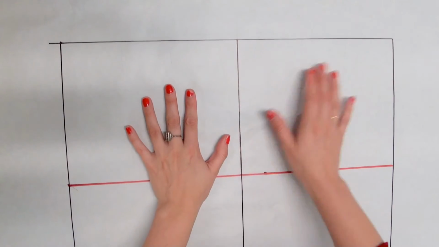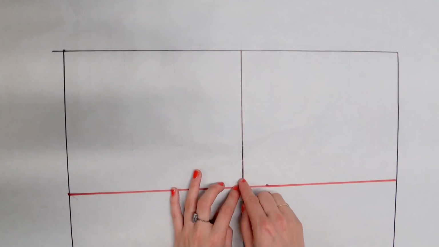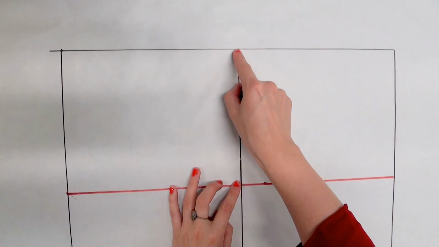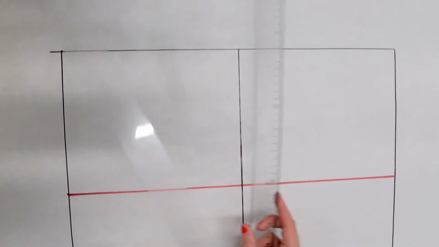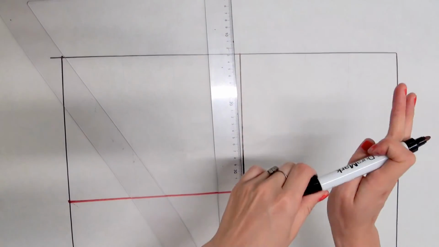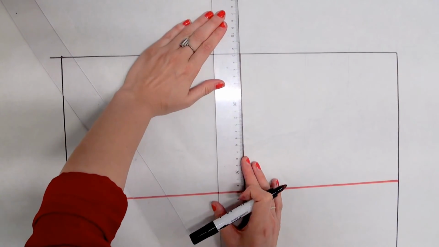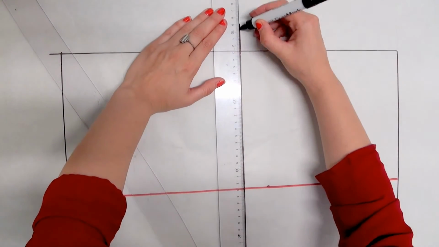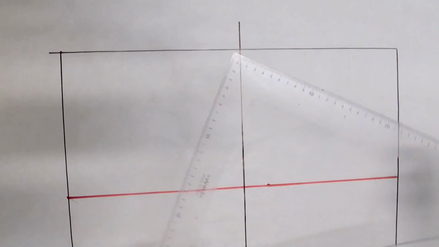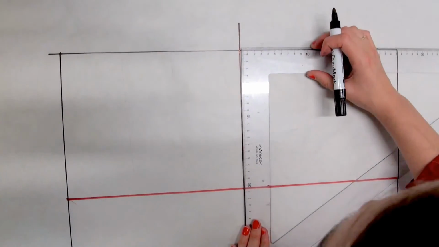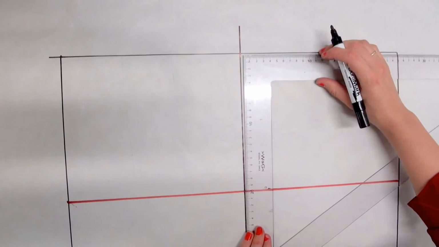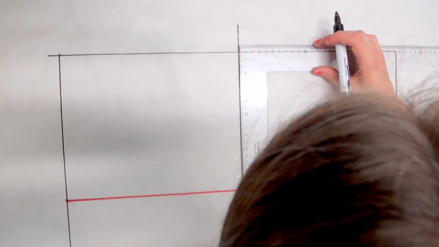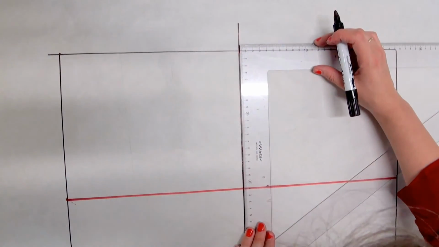Okay, so now what we're going to do is extend our side seam beyond the waistline. So you can just put your ruler on, following that line, okay, and continue up. Now, what we want to do is measure up from that waistline 1 centimetre and square out in both directions.